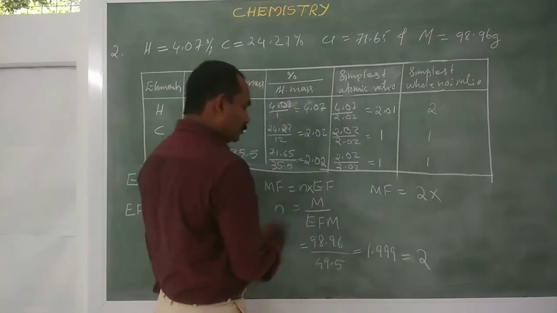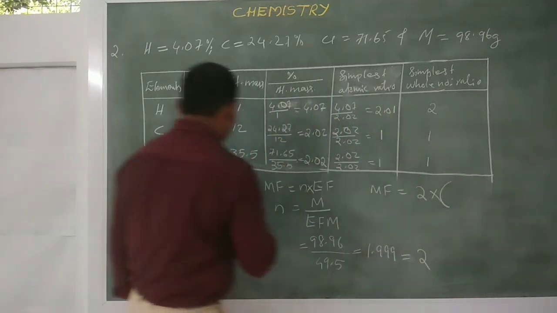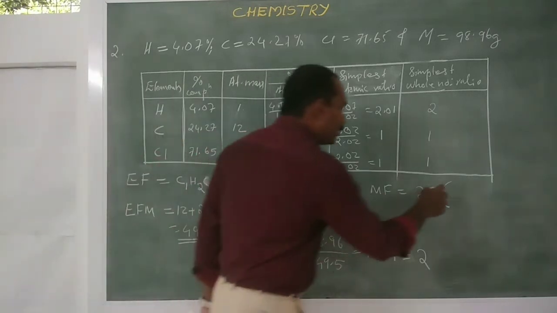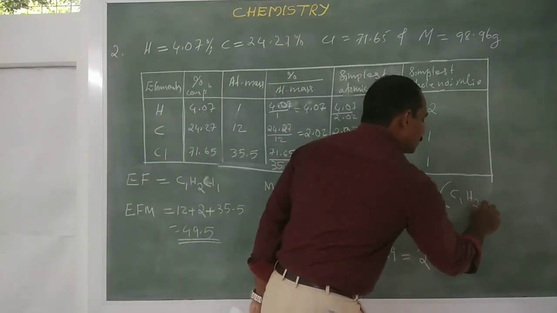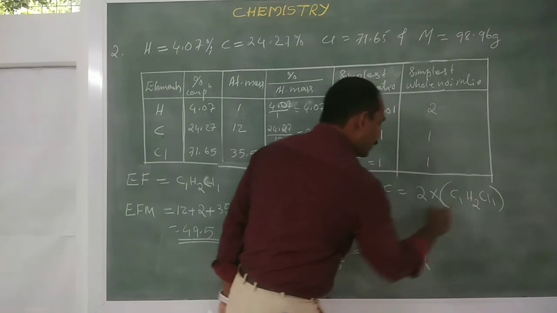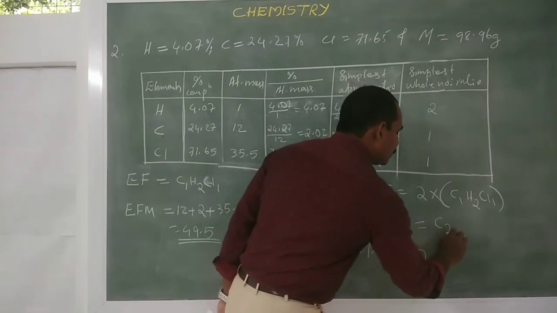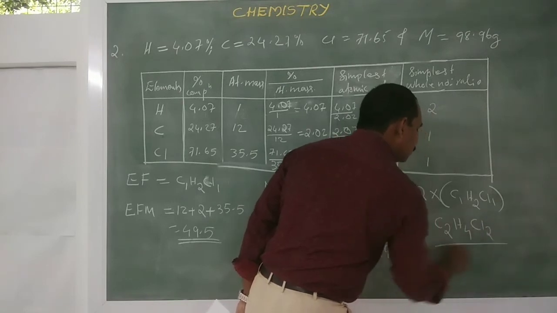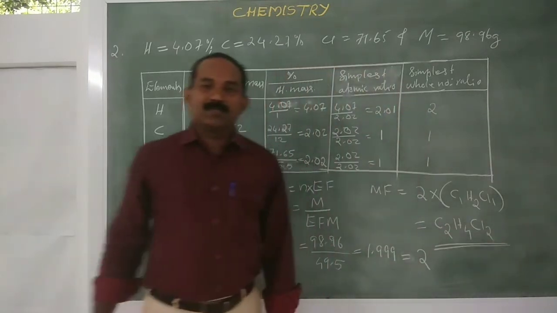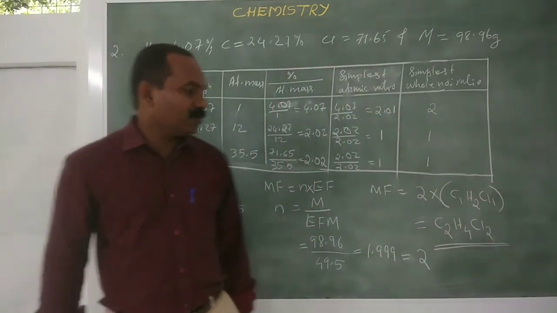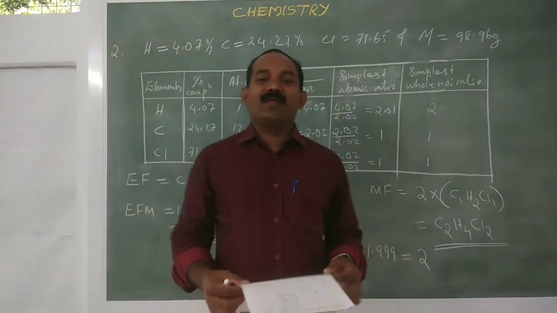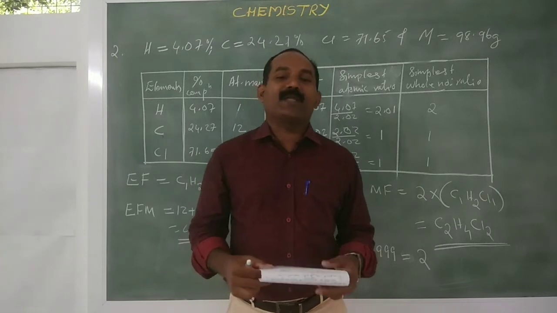The empirical formula of the compound is C1H2Cl1. Multiply it, and we get C2H4Cl2.